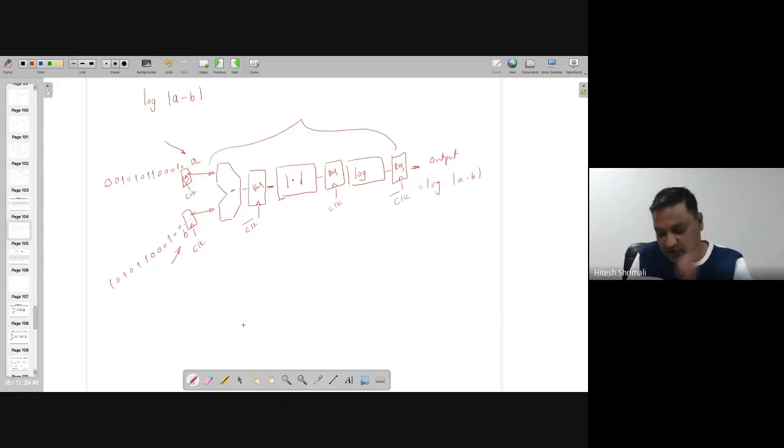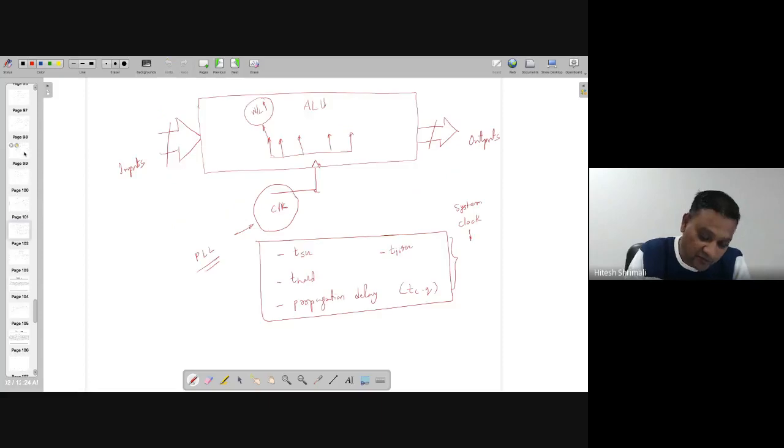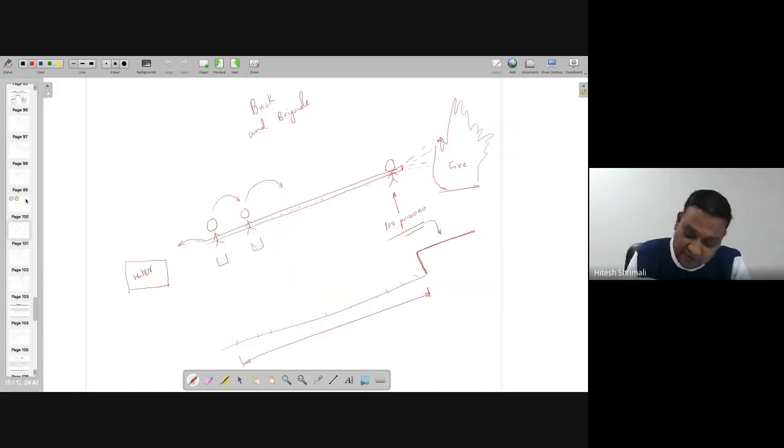If this is clock, I'm going to keep clock bar, if this is clock bar, this is clock. What it does actually, the output here is available after, maybe it requires, as we have done over here, 100 picoseconds for this one.